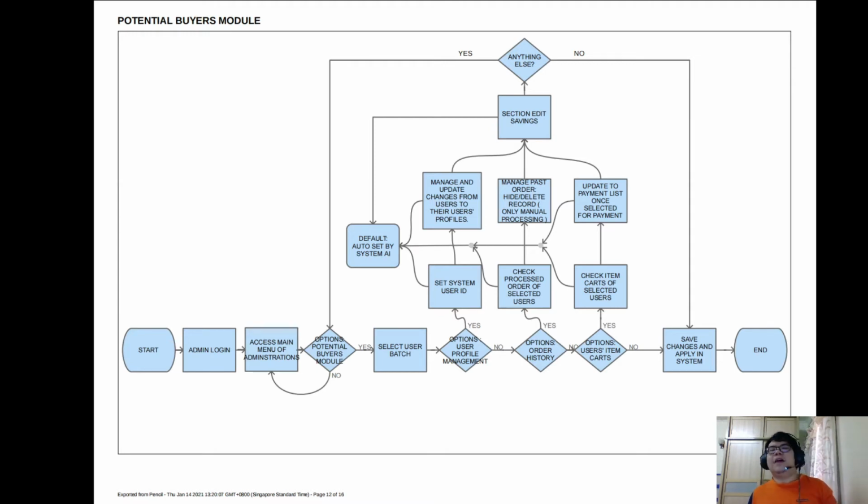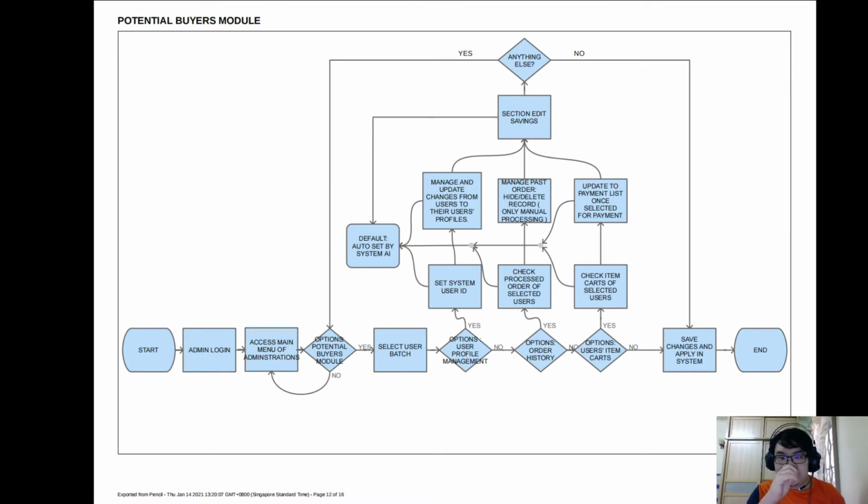Normally, this is done by AI, like set system user ID, update the users, updates detail changes from users when they edit everything. They can also see process orders of the users and such. All of this is done by AI.